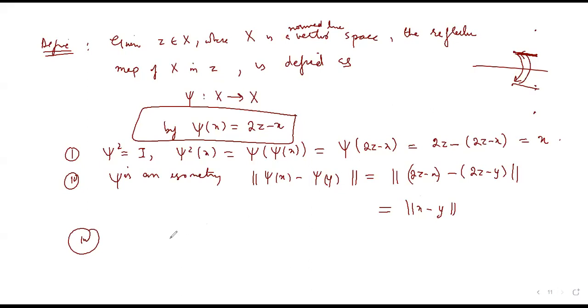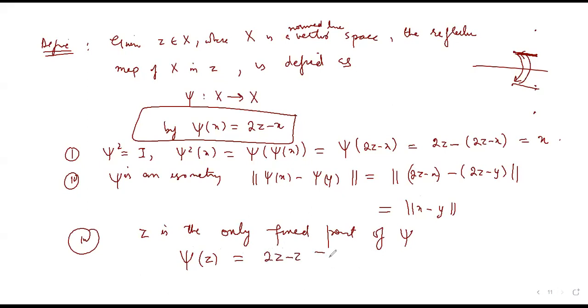Third, z is a fixed point. z is the only fixed point of psi. Because obviously psi of z is equal to 2z minus z, that's equal to z, that is there already, but it is unique.